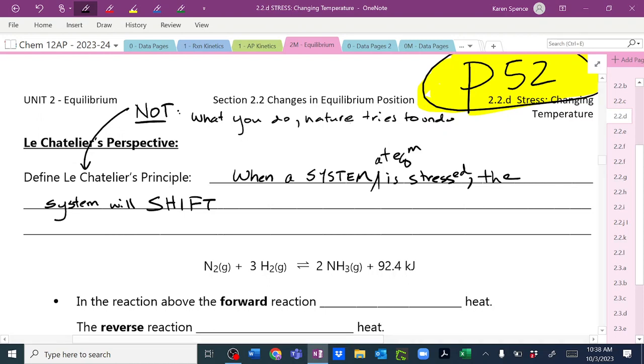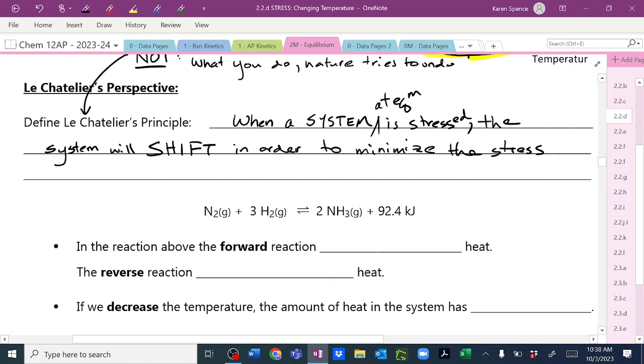The system will shift in order to minimize the stress. Move is not a word that we usually use in terms of an equilibrium. We usually say the word shift, that's just where it's at.